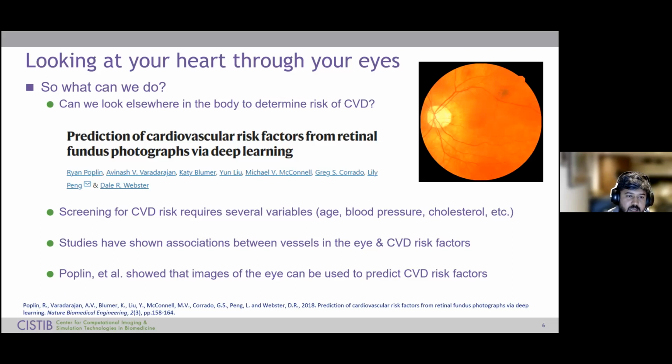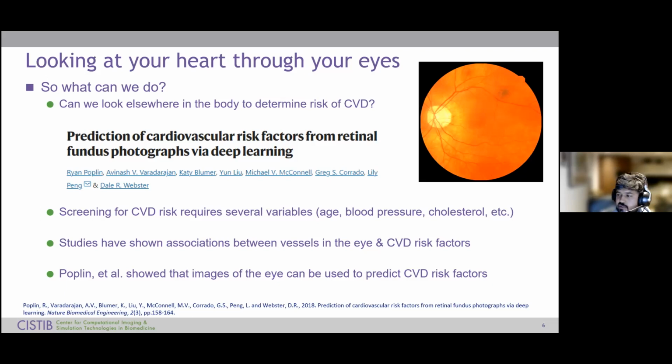So what this study explored and showed is that by learning certain hidden representations from these retinal images, they were able to actually, for the first time, not just associate, but predict cardiovascular risk in patients.